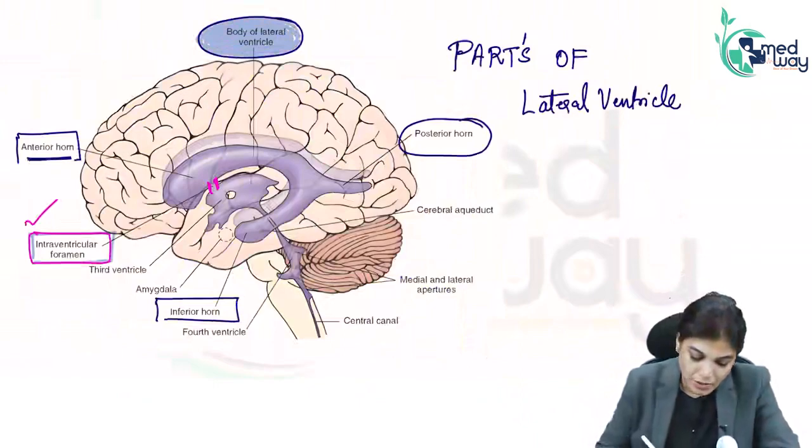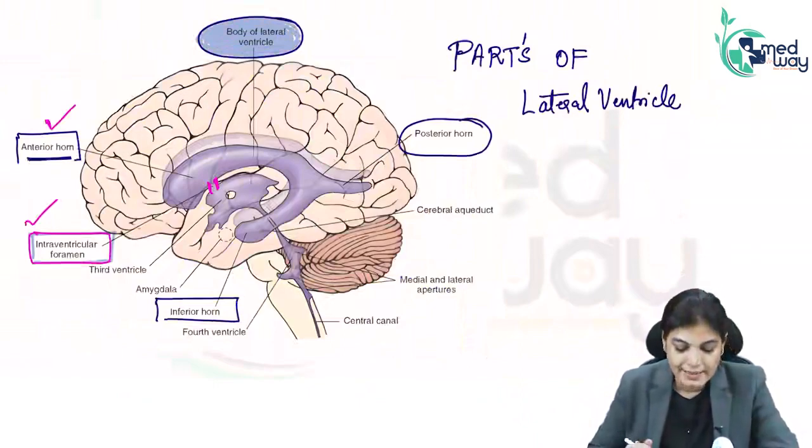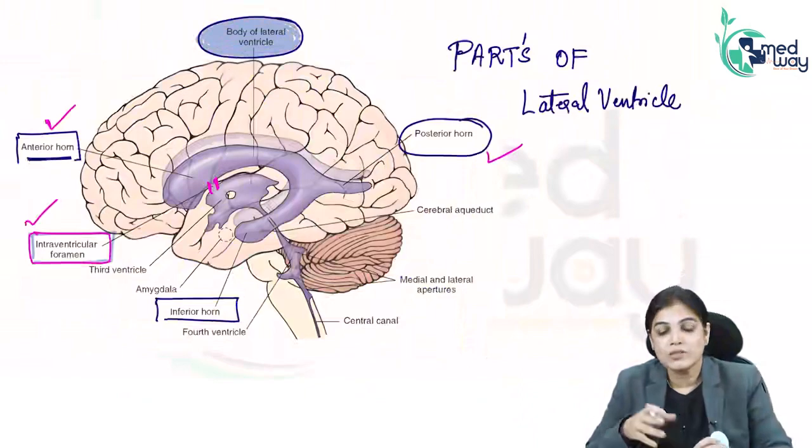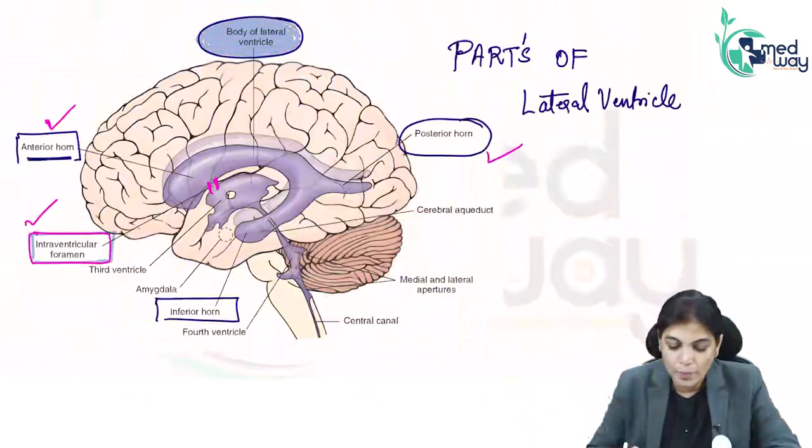So, and if we talk about the anterior horn, it is lying anterior to interventricular foramen, and it is exactly anterior horn extends from the central part, and it is exactly protruding in the frontal lobe. Posterior horn is also called as occipital horn because it is protruding in the occipital lobe. And if we see the inferior horn, it is the largest part of the lateral ventricle.